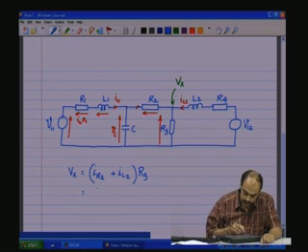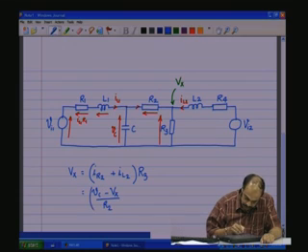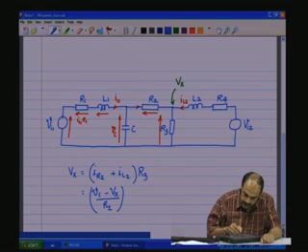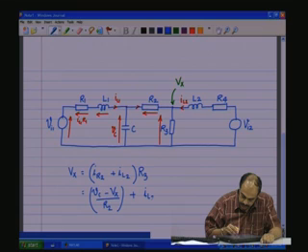Or what is VR2? VR2 is nothing but the potential difference across this by R2. So, Vc minus Vx by R2 is the current through R2, plus IL2, which is the state variable coming as the inductor current IL2 of L2.